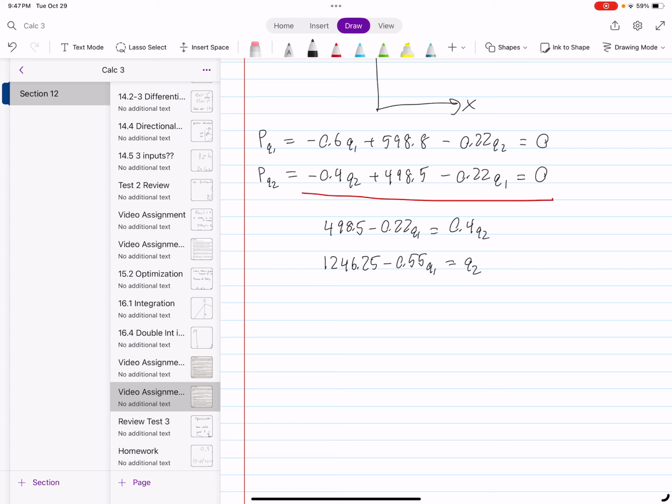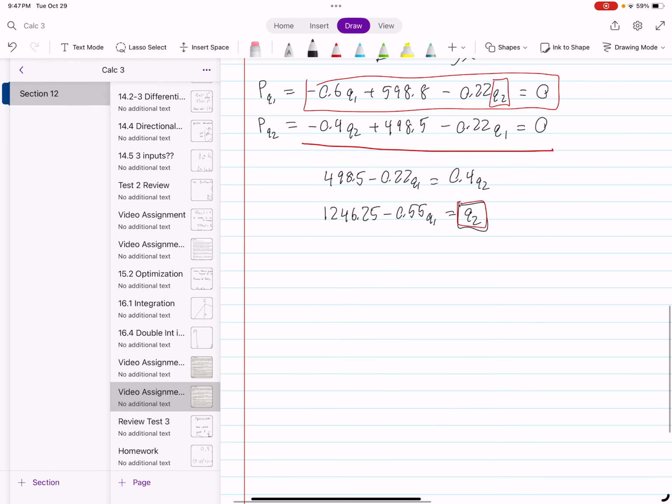And at this point, we have one variable solved for in terms of another variable. So we will take the first function, this one, and we will plug this Q2 into this Q2 right here. So we get that negative 0.6 Q1 plus 598.8 minus 0.22 parentheses 1246.25 minus 0.55 Q1 equals 0. Okay, after this we simplify more.